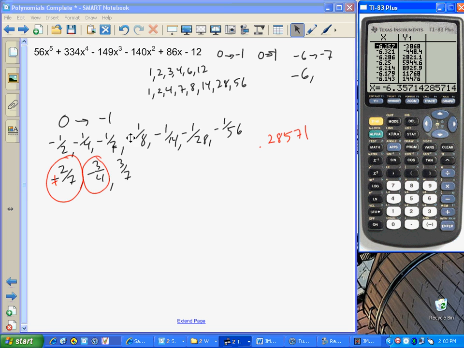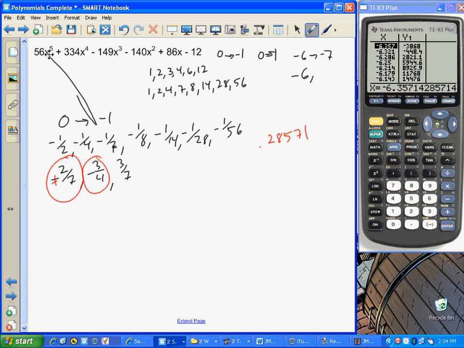So it must be a weird one that I don't have listed here. So we'll divide out the ones we've got. We divide these out and see what happens after that. I'm going to move this down here.